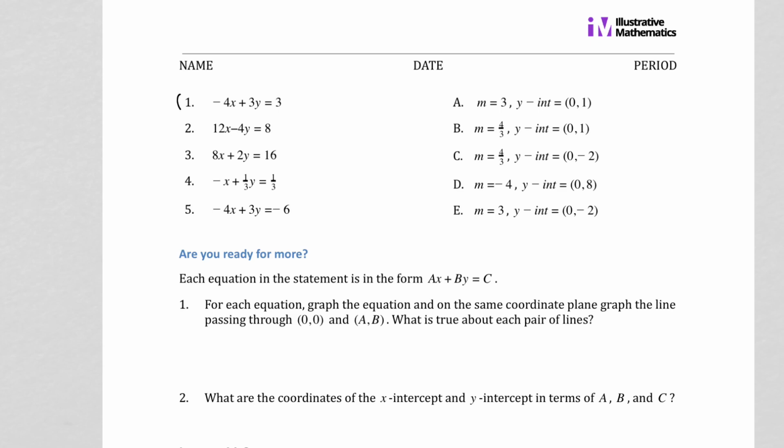I want A day to do evens and B day to do odds.